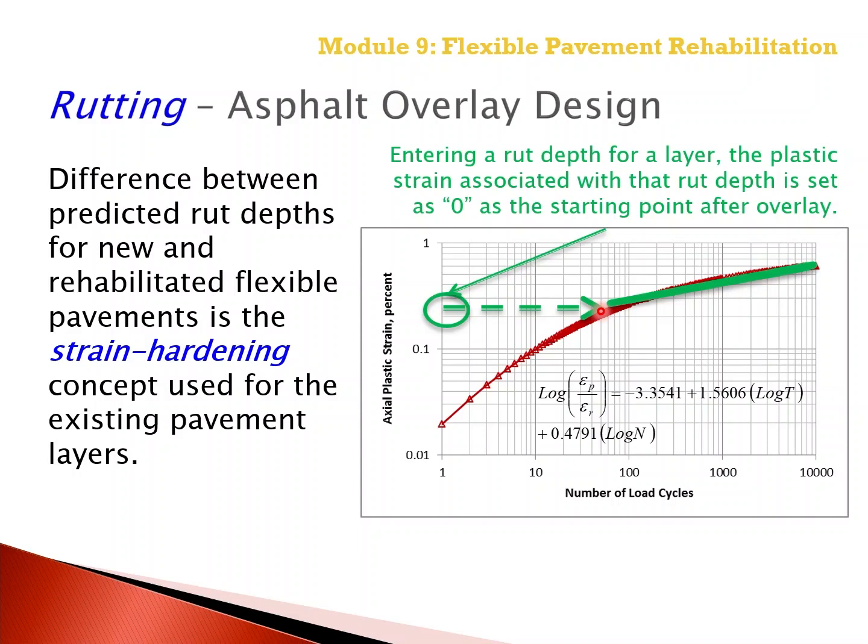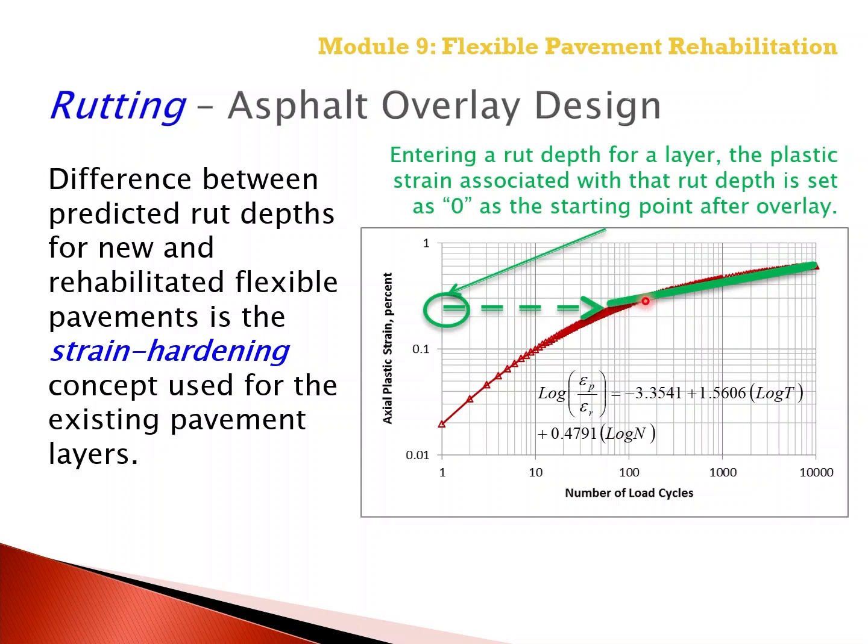That becomes the starting point for accumulating additional rut depths in the existing asphalt layers. So the rut depth in this example at this point becomes 0.